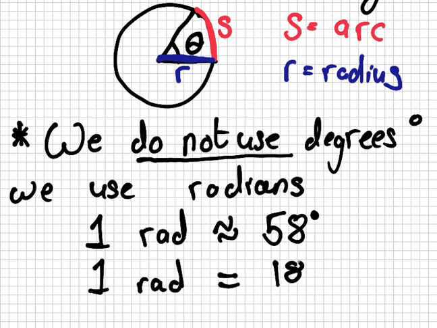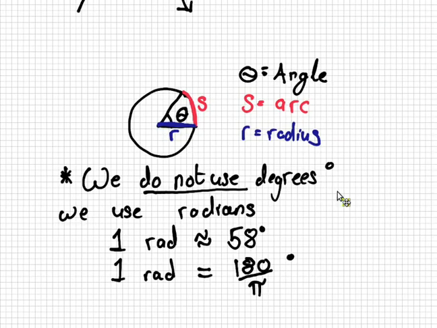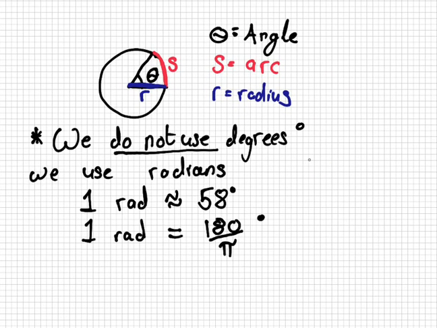If you want the exact number, just type this in on your calculator. Can you type that in and tell me what you get? Is it about 58? It's 57.295. Oh, it's 57. Okay, 57.